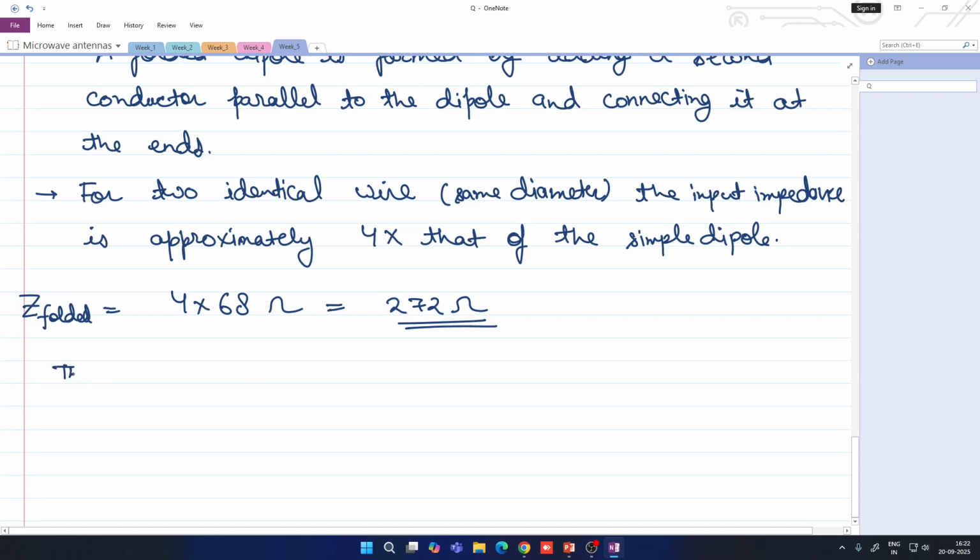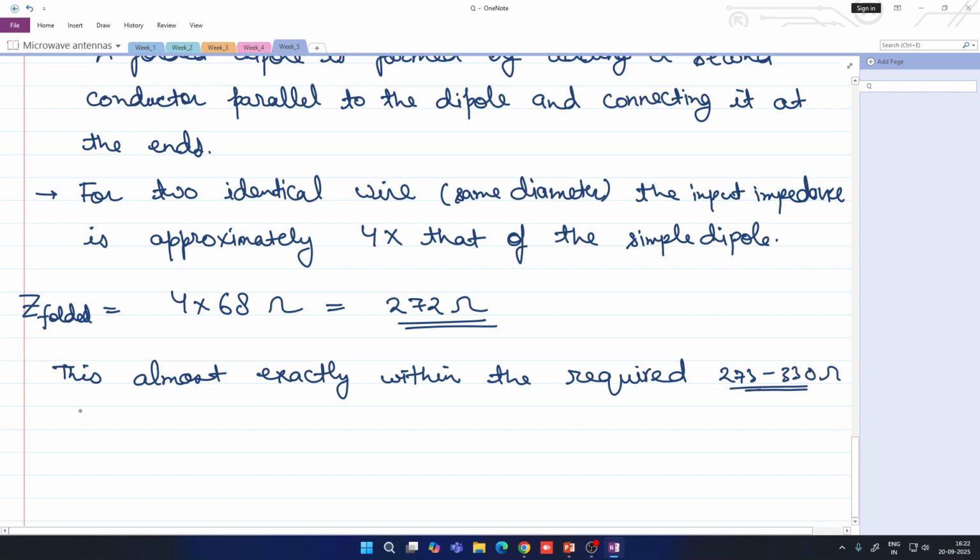So this is almost exactly within the required 273 to 330 ohms range that we calculated, right? It's very similar, just a 1 ohm difference.